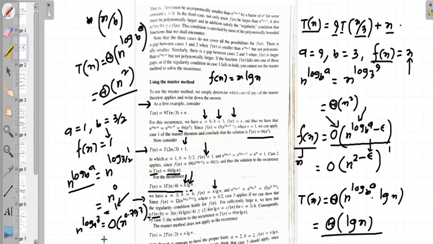That means A is 3, so 3 times F of n by 4. So here we have to put n by 4 in Fn, and then it will be n by 4 log n by 4. So 3 A F n by B means 3 times n by 4. We are putting n by 4 here, and we are getting n by 4 times log n by 4.